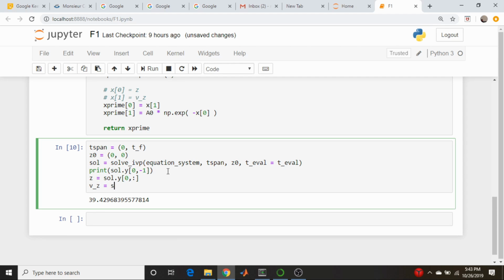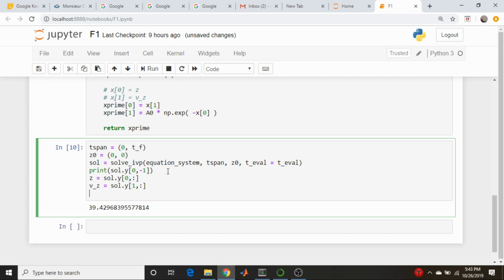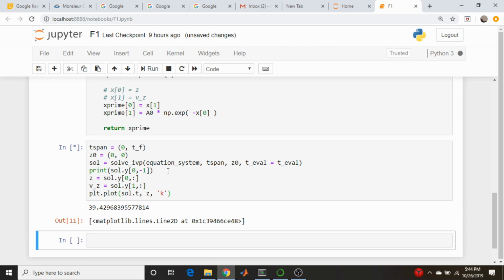And that's just going to be sol.y, and it's going to be the second row, which is indexed to 1, all the columns. And now I'm going to come down here and go plt.plot sol.t and our z variable, and I'm going to make this a black line, and let's just run this.